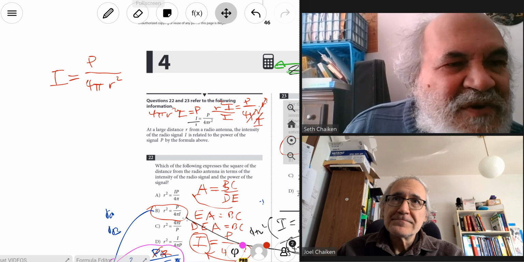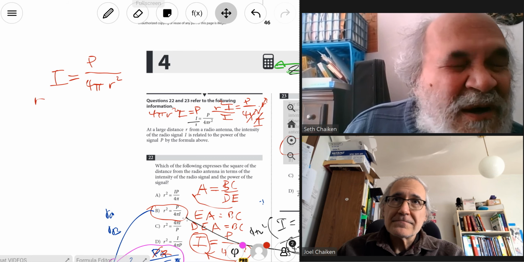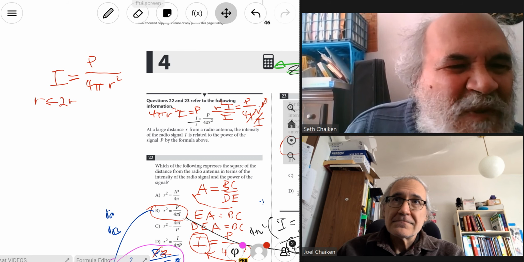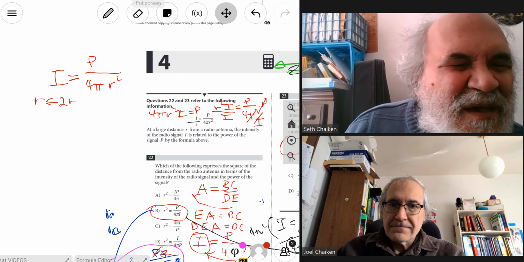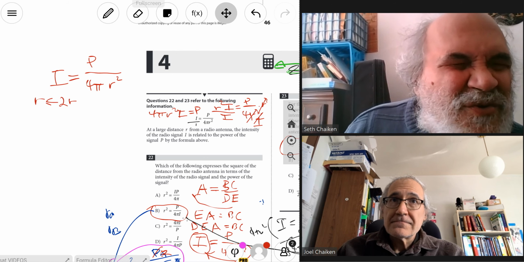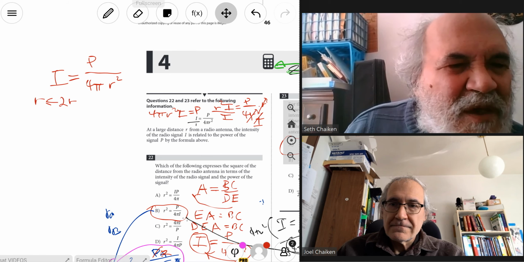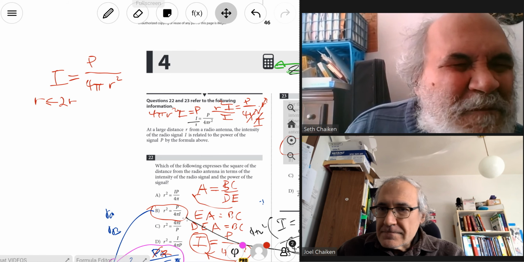If we replace R by 2R, so let's do it this way, we're going to double the distance. What happens to I?